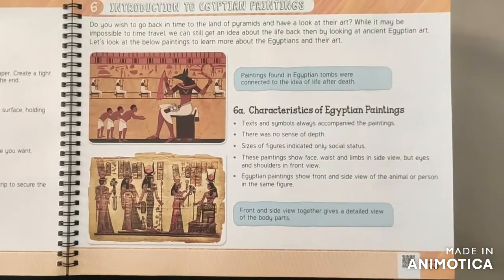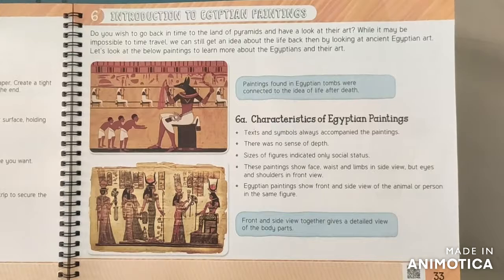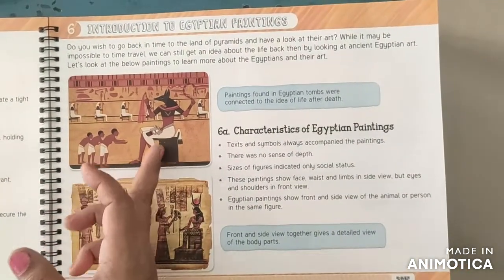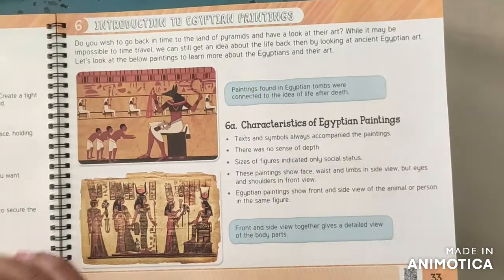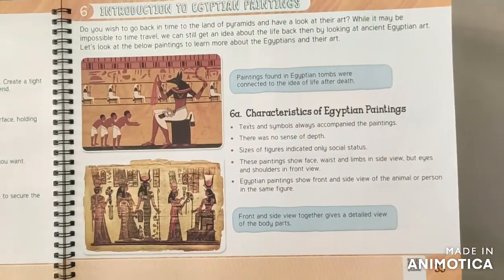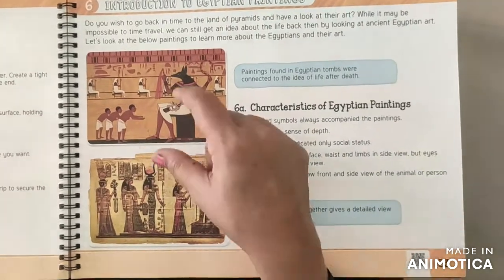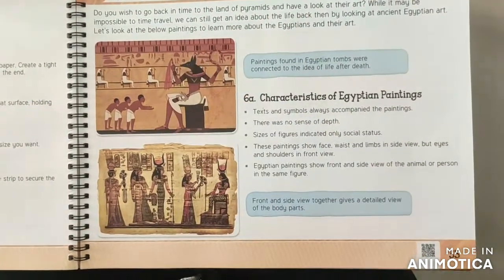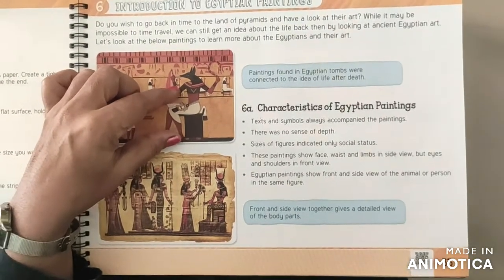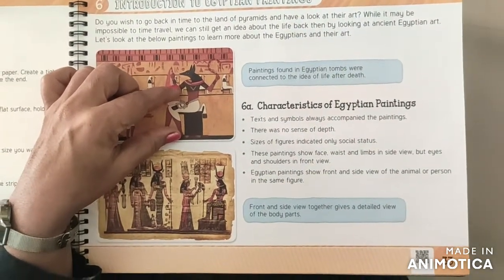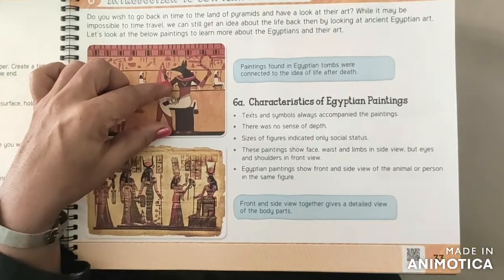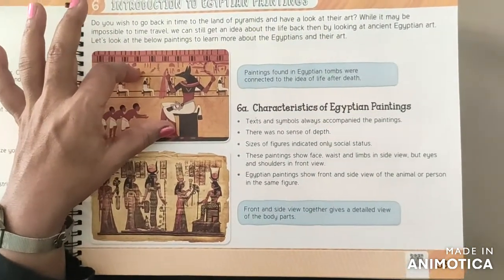Okay. Size of figures indicated only social status. Sizes of figures means this figure is very, very big and these figures are very small. That shows that this man or woman was an important person in that society.